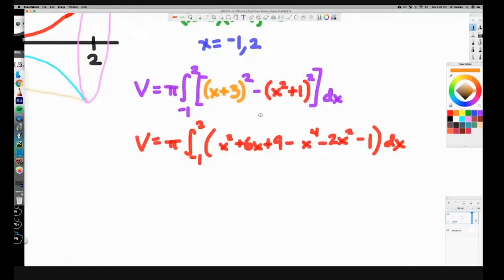You're good. All right, so this and this are going to cancel, so you're left with -x squared. There's an x to the 4th, I'm going to put that in front here. 6x, there's no other x's, so I'm going to do plus 6x. And then 9 minus 1 is 8.